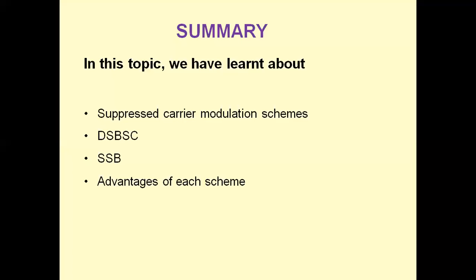Fading is the fluctuation in the received signal strength, and there is less fading in the SSB modulation scheme. Because of all these advantages, SSB modulation is widely used for telephony, voice communication, landline communication, or carrier telephone systems.